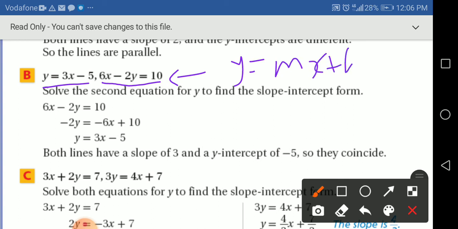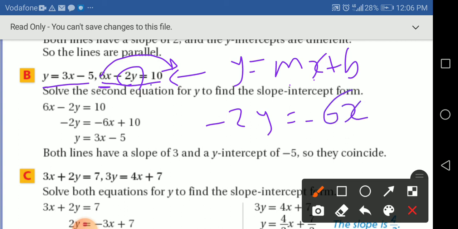So I write the negative 2y first, negative 2y equal 6x. The 6x goes to the other side by negative 6x, and 10 remains on the other side, so I will not change its sign. So I have negative 2y equal negative 6x plus 10.